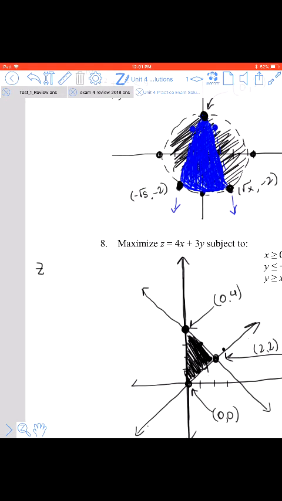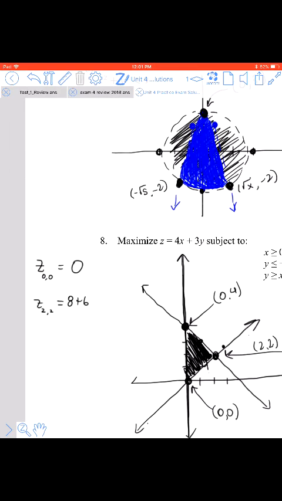So the value of z with the point 0, 0, if I plug in a 0 for both the x and y there, I'm just going to get 0. The value of z for the point 2, 2, well, that's 4 times 2, which is 8, and then 3 times 2, which is 6, and that equals 14.